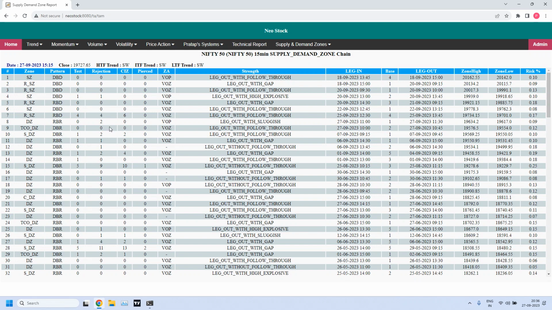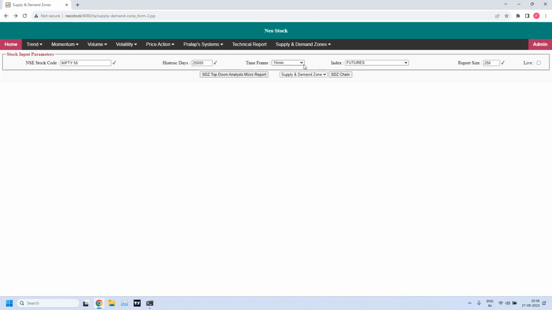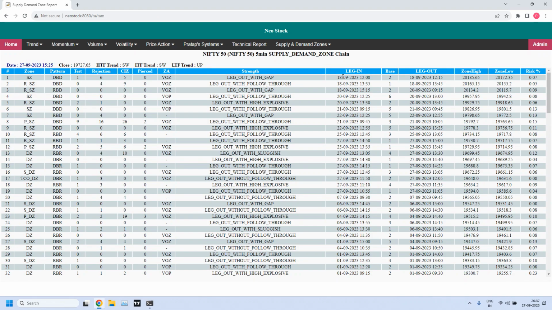Now let's go back and look into the last time frame, that is 5 minutes. Let us generate the supply demand zone chain. This is the 5 minutes supply demand zone chain for Nifty 50.